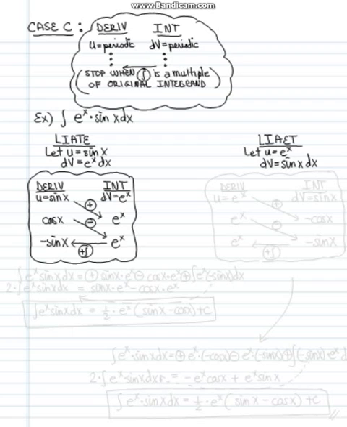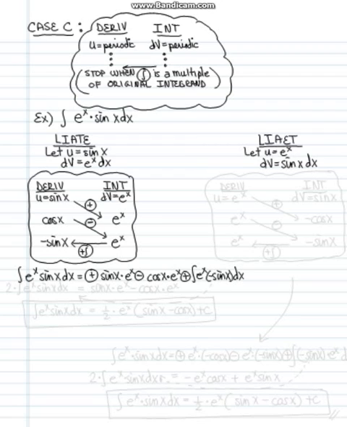and that means that our original problem, integral e to the x times sine x dx, is equal to positive sine x times e to the x minus cosine x times e to the x, and then plus the integral of e to the x times negative sine x dx.